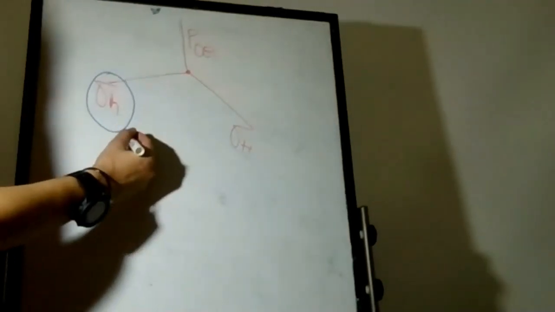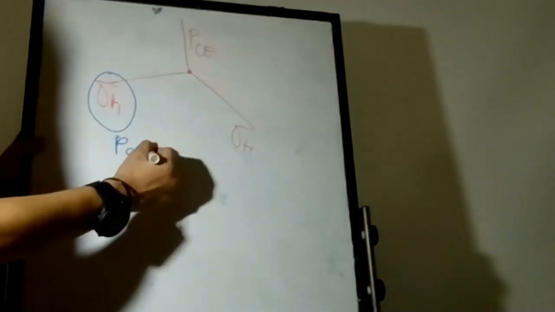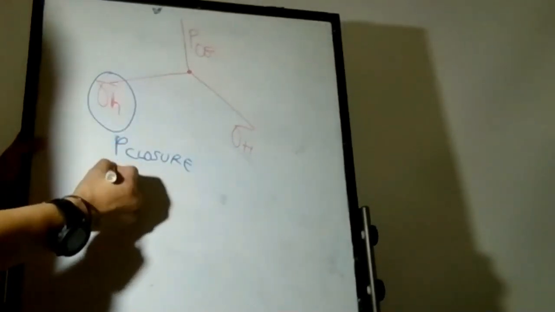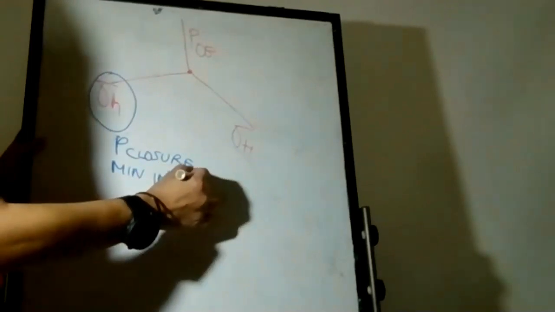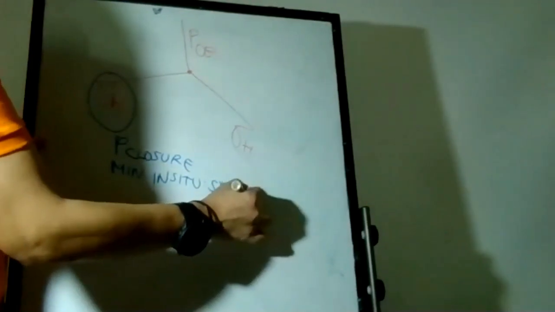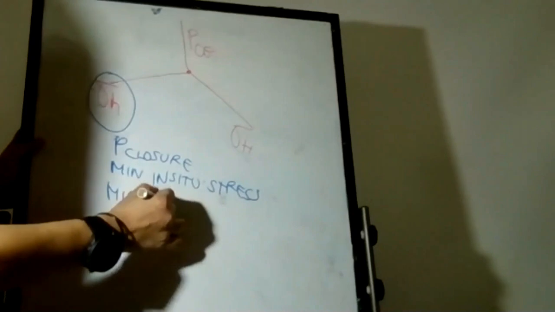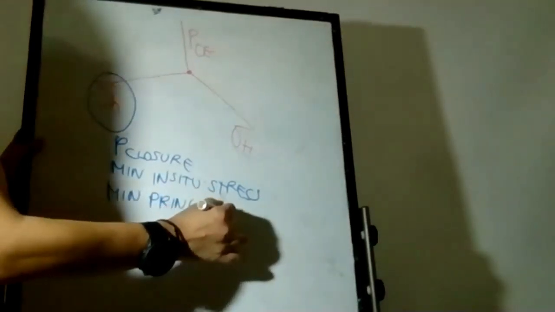This is what we commonly call closure pressure, P closure, or people call it as well minimum in situ stress, or minimum principal stress. So many terminologies for this principal stress, right?